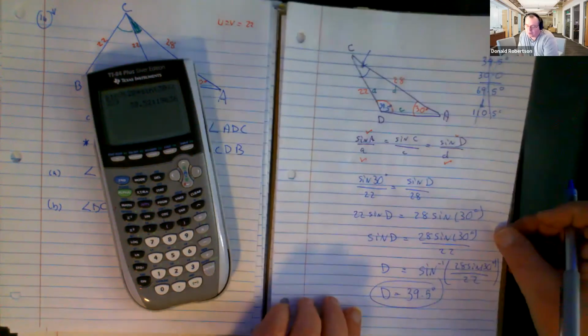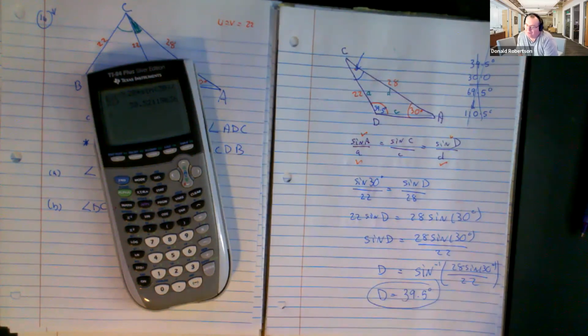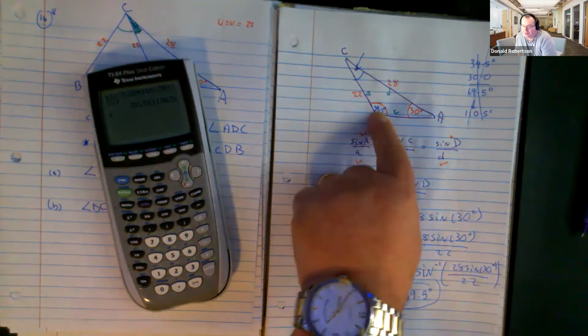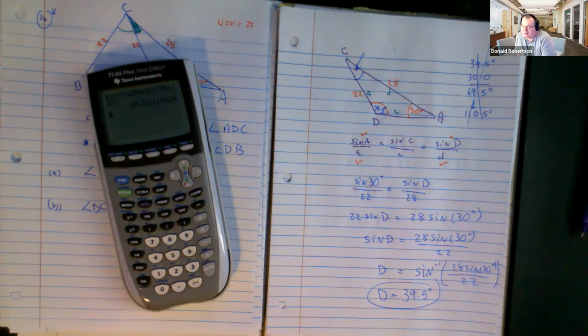Didn't I assume there was only one answer and it wouldn't be fair? There is one answer, but it's not 39.5, and I should have looked at it. Even in the badly drawn picture I've got, does that look like it's 39 point anything? Isn't it the other one is the one answer, right?